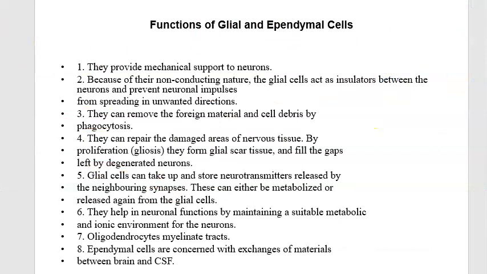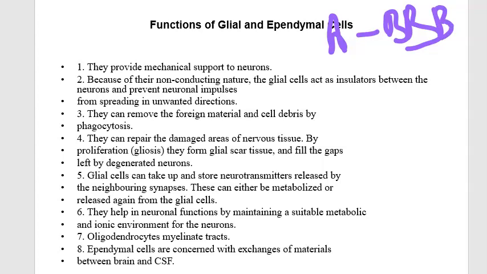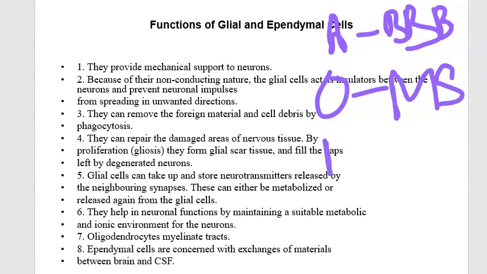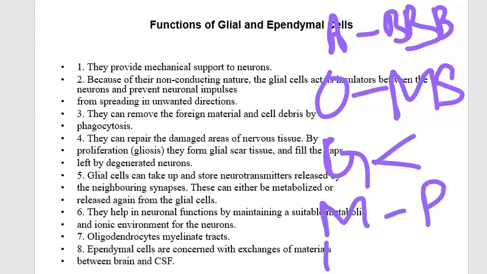If you want to talk about the functions, we already told you these are supporting cells. Astrocytes: blood-brain barrier. Oligodendrocytes: myelin sheath. Glioblast: differentiates and forms whatever you want. Microglia: phagocytic.